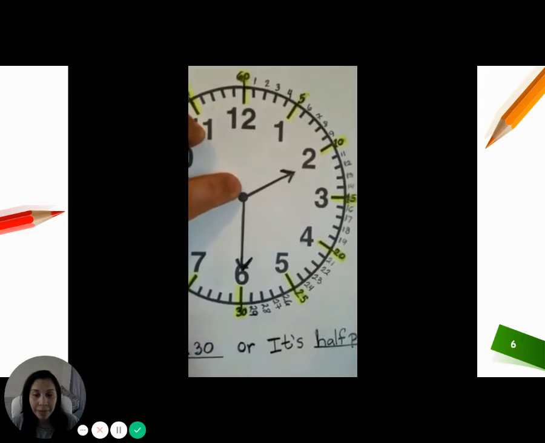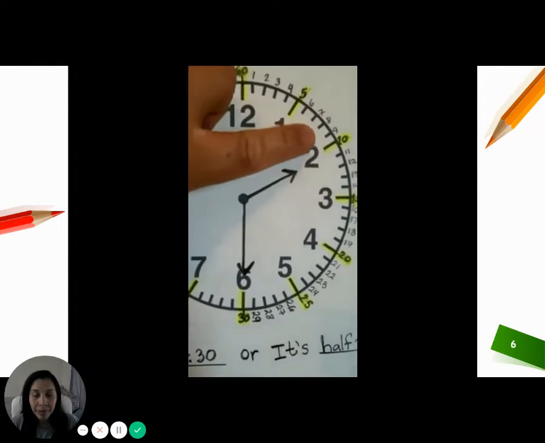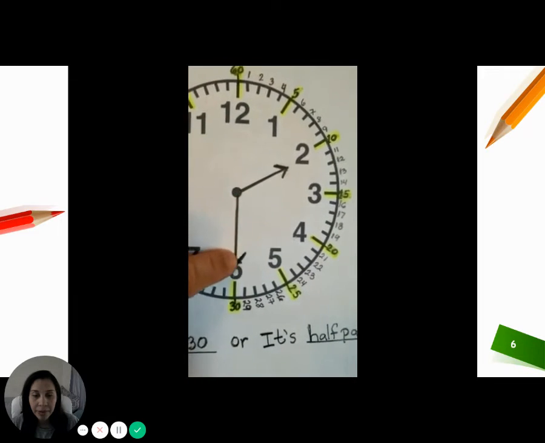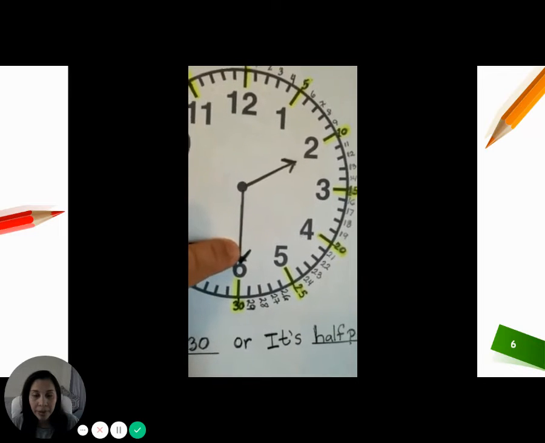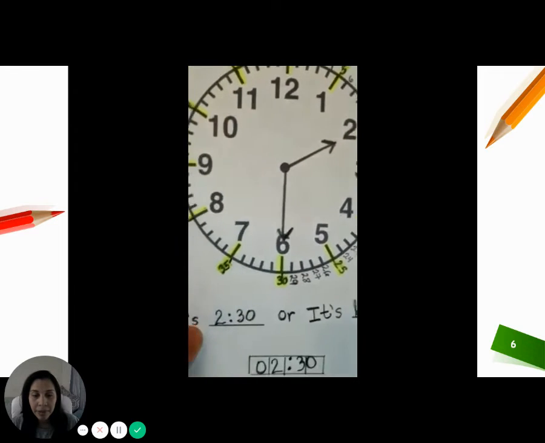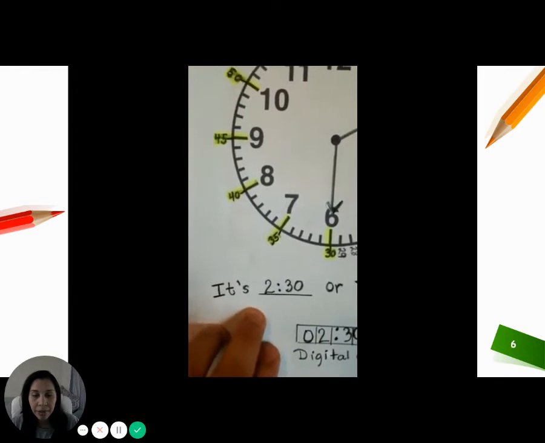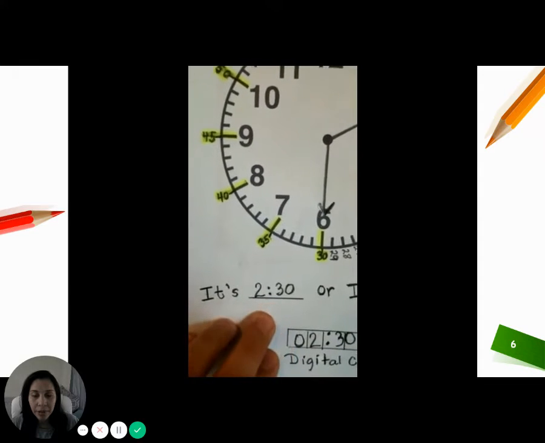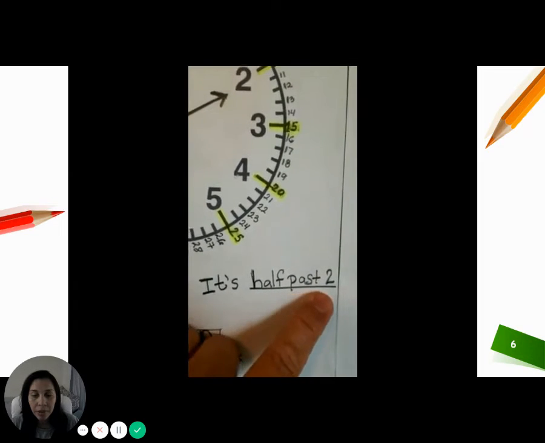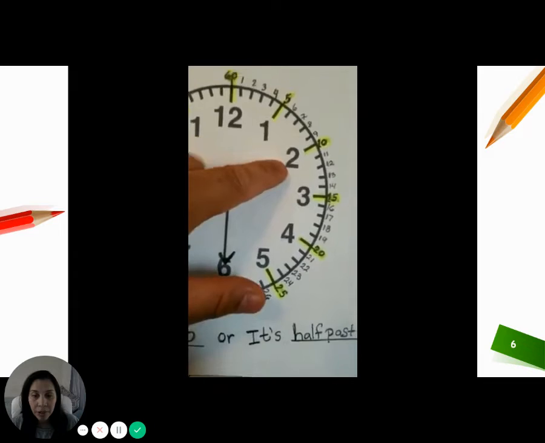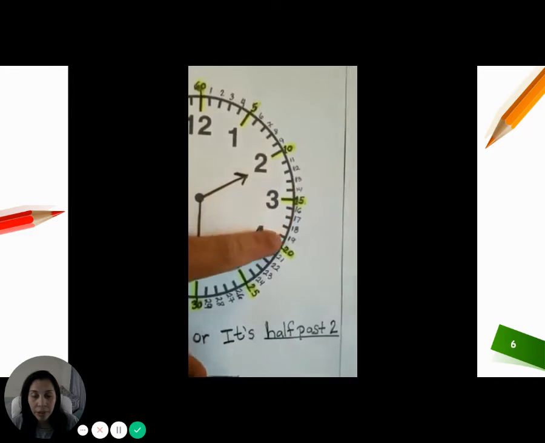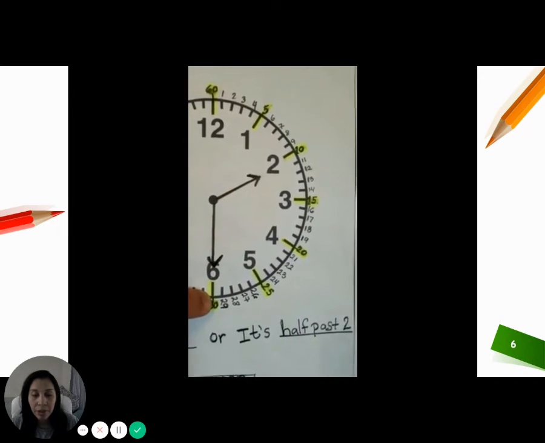So the short hand is showing number 2, and the minute hand, which is the long one, is showing 30. That means that the time is 2:30, because this is 2 and it already passed 30 minutes.